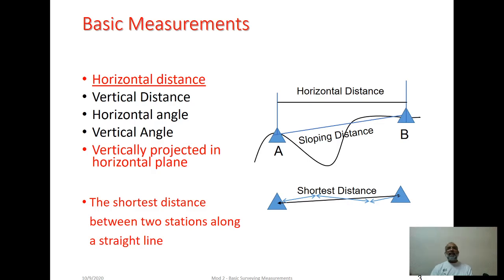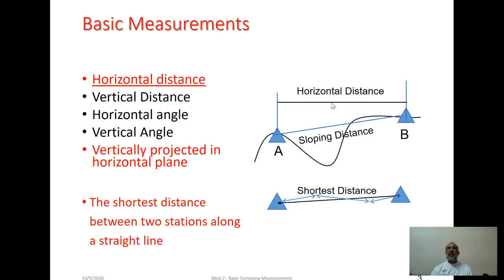So let's try to understand what we mean by horizontal distance. The ground is always undulating in nature. The dimension that we wish to have may not always be horizontal.